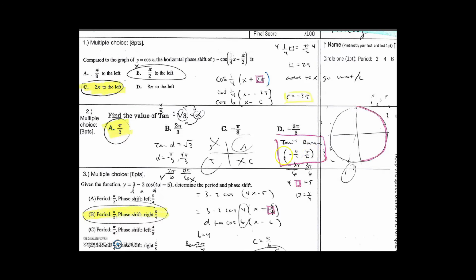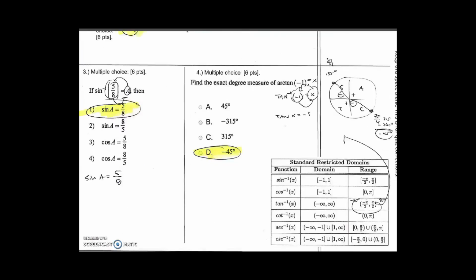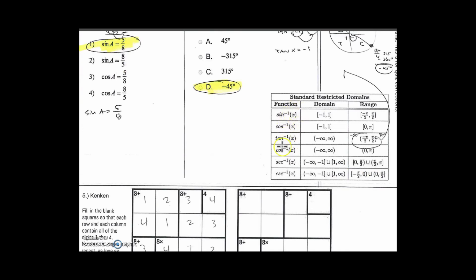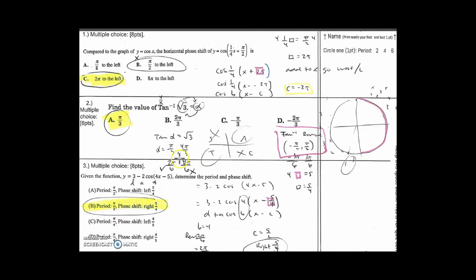It has to be between negative pi over 2 and pi over 2. So what was the version? If you look at version C, I put the chart there for them. Versions A and B I did not. So it has to be between negative pi over 2 and pi over 2. In our problem, they're not in there.